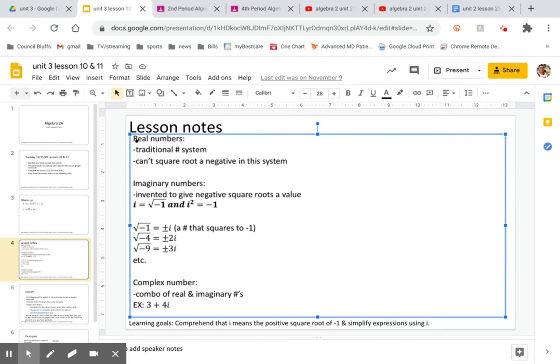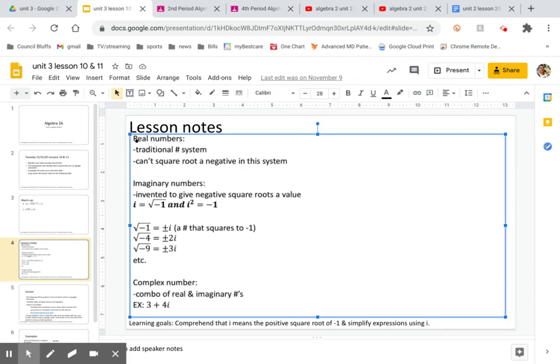So essentially, that's what happens in the imaginary number system. We can now take negative square roots and treat them as if they were positive square roots, except we tack on an i at the end. That is our imaginary number system. And now, as an offshoot of the imaginary numbers, we have something called complex numbers. A complex number is a combination of a real number and an imaginary number.